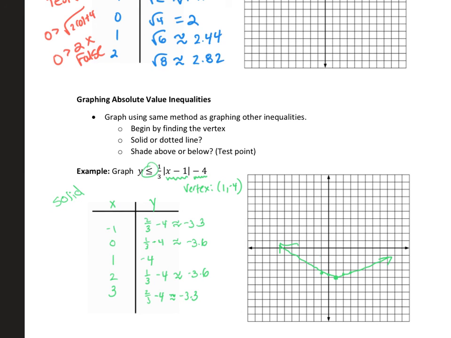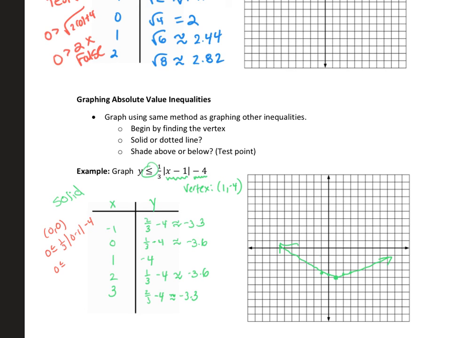And now I need to test a point, and I'm either going to test a point above the absolute value inequality or below it. So maybe I want to test (0, 0). So we got 0 is less than or equal to 1/3 times the absolute value of 0 minus 1, minus 4. Let's clean this up. 0 minus 1 is -1.